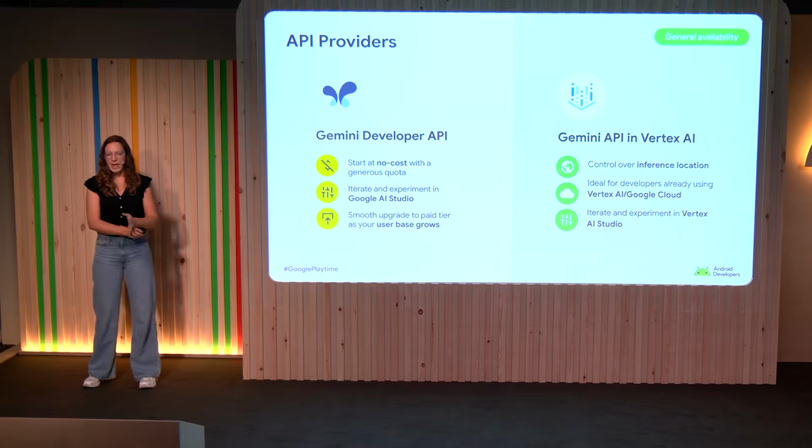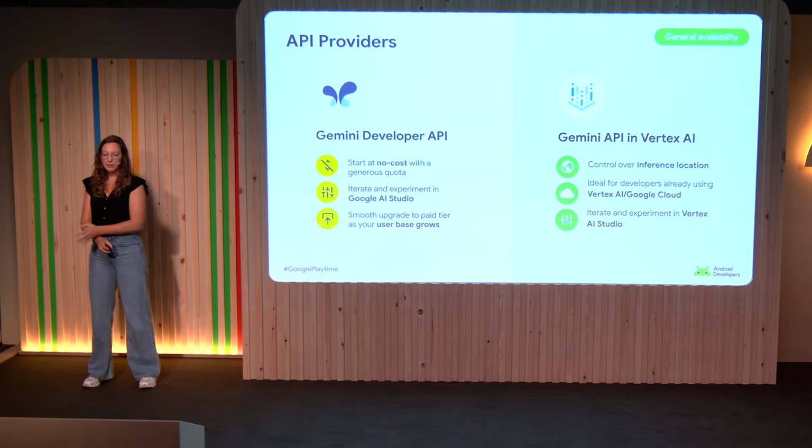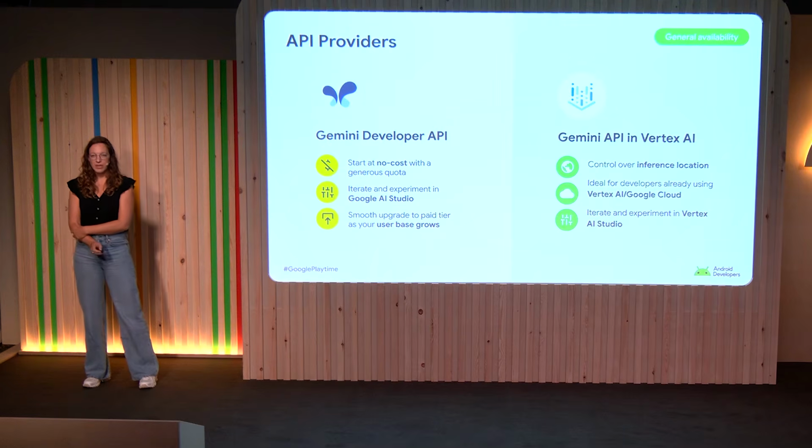So how do we access these models? There are two API providers that you can use. On the one hand, we have the Gemini Developer API. On the other hand, we have the Gemini API in Vertex AI. You would use the Gemini Developer API when you're getting started. It makes it really easy to iterate using Google AI Studio.